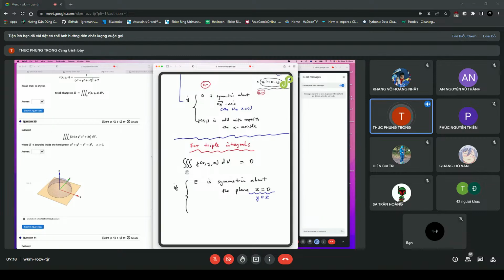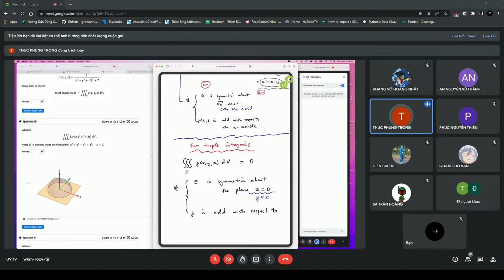Of course, not every solid has this property, but if somehow you have a solid that is symmetric about the plane x equals 0, or you can say the plane yz. But this is not enough. We also need that the function f is odd with respect to, what we need right here is exactly x, right?